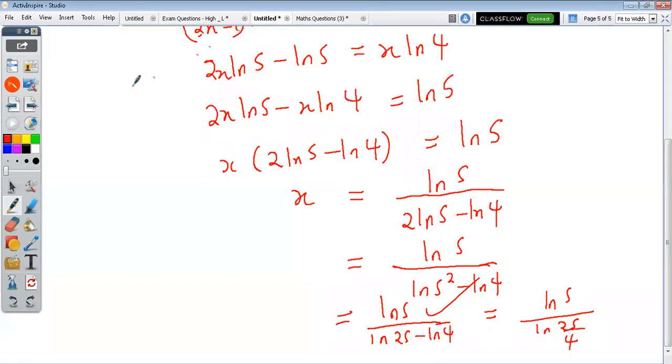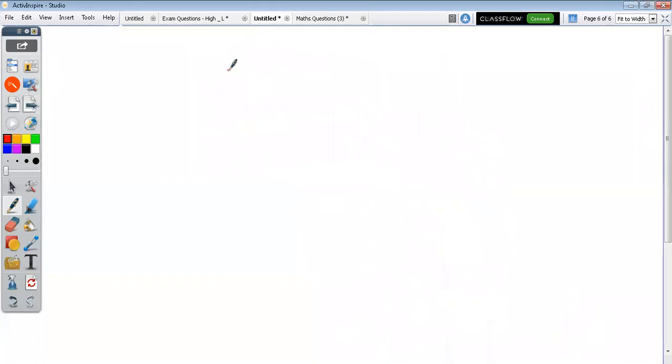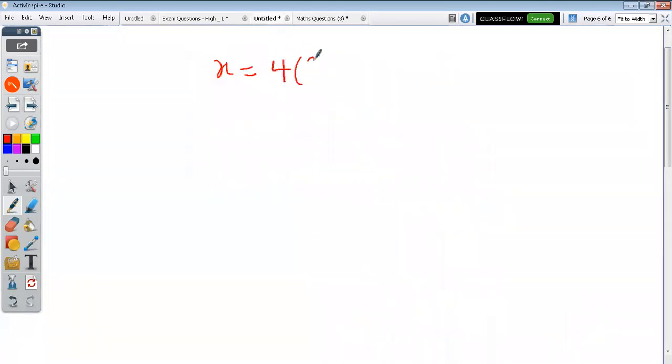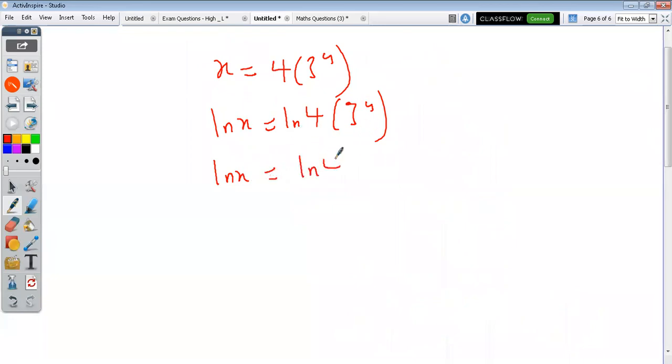Let's do it on a new worksheet. So we're saying x is equal to 4 brackets 3 to the power of y. Then ln x is equal to ln 4 brackets 3y. So ln x is equal to, we are multiplying here, so we add ln 4 plus ln 3y.